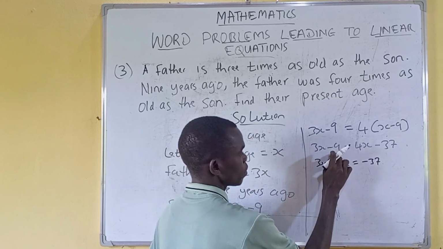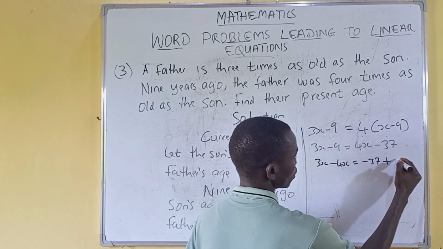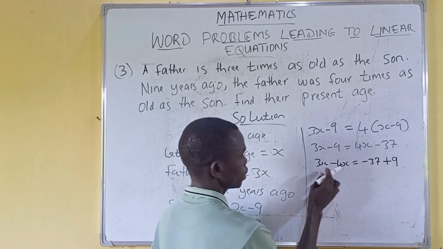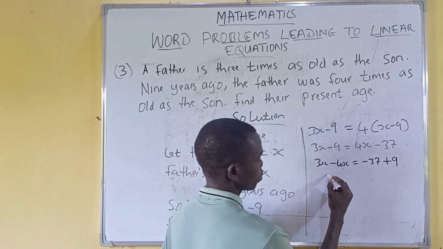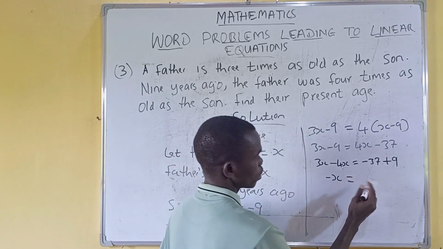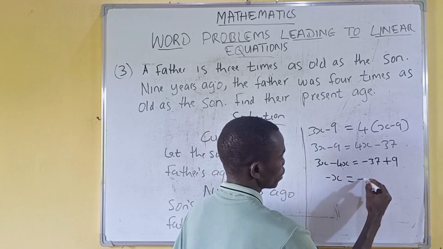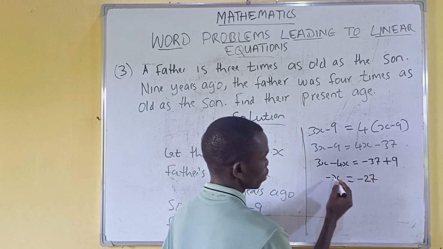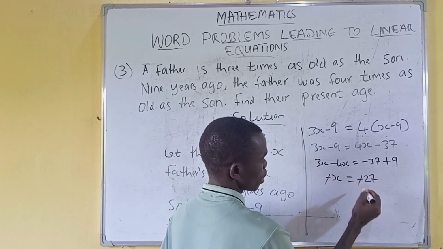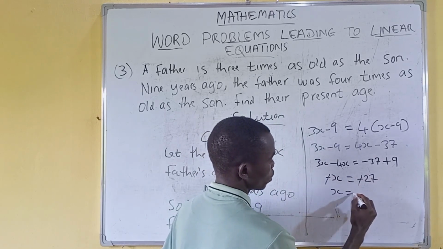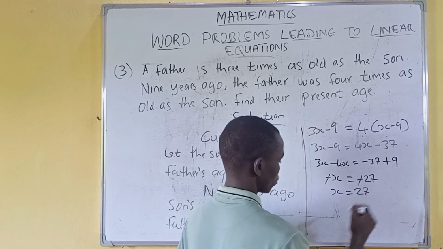When you move minus 9 to the other side, become plus 9. So from here, 3S minus 4S, we have minus S, which is equals to minus 37 plus 9, we have minus 27. Minus cancel minus, S now be equals to 27.